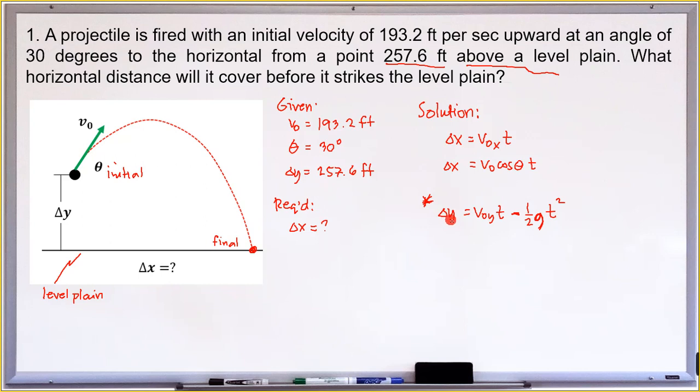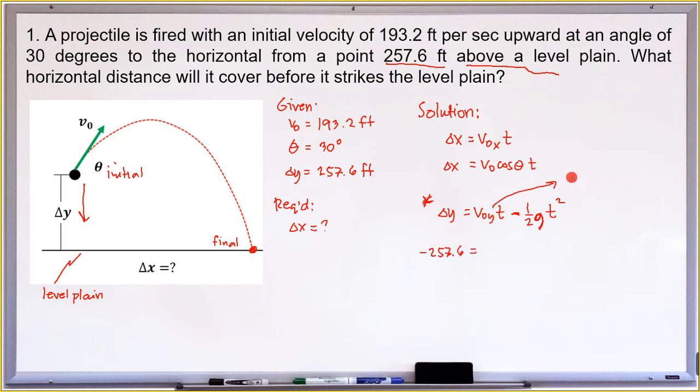If the initial velocity is downward, it is negative. The same thing with the displacement. If the displacement is upward with respect to the initial position, you take the positive sign. However, if your displacement is below the initial position, you take the negative sign. In our problem, delta y is below the initial position, so our delta y here should be negative. So negative 257.6 is equal.